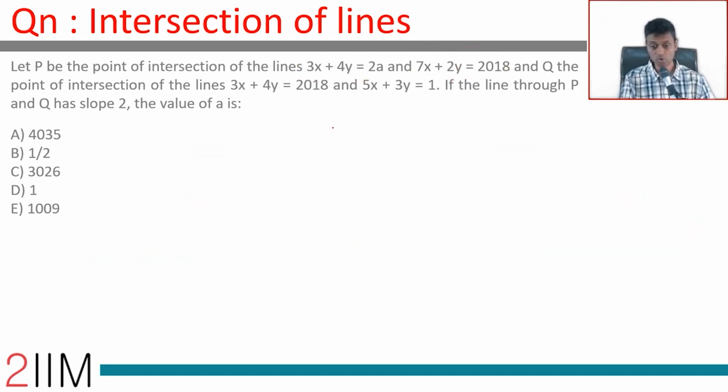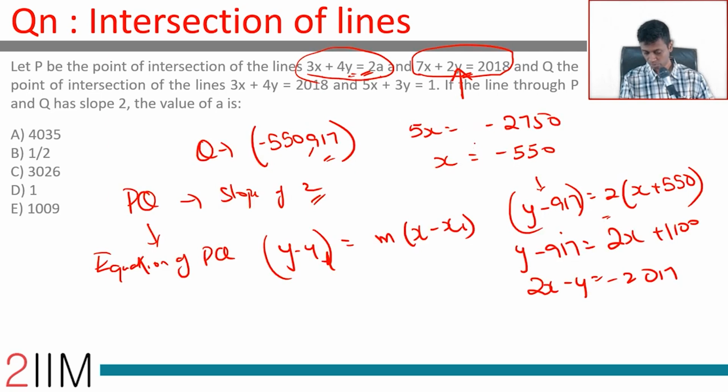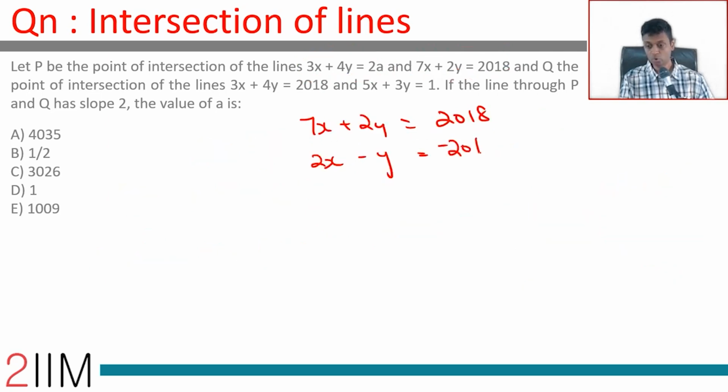Now we need to solve for 7x plus 2y equals 2018 and 2x minus y equals minus 2017, and then get values of x and y, which will be the coordinates of P. Substitute that x and y into this expression, and then find A. Whew, time consuming. Right?